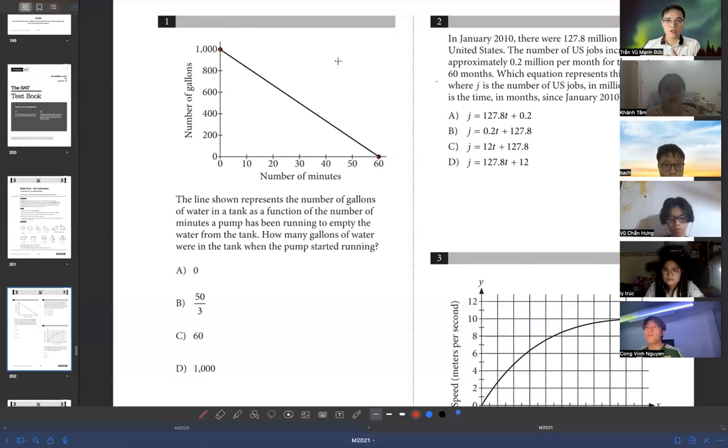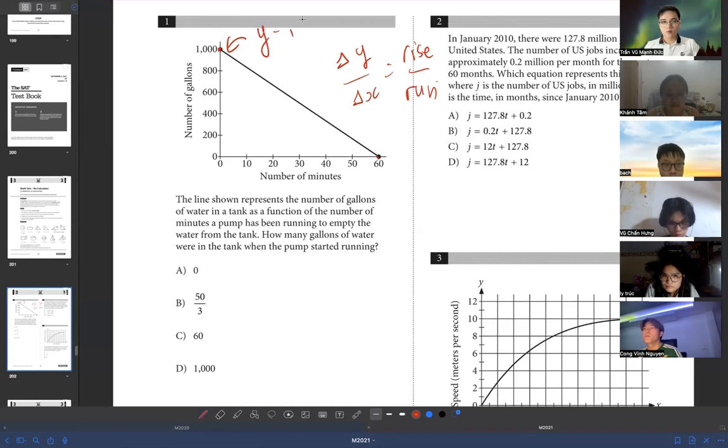The slope is the rate of change, delta y over delta x, rise over run. And also the y-intercept, which is the starting point. Everybody remember, this is the y-intercept, and it is the starting point.